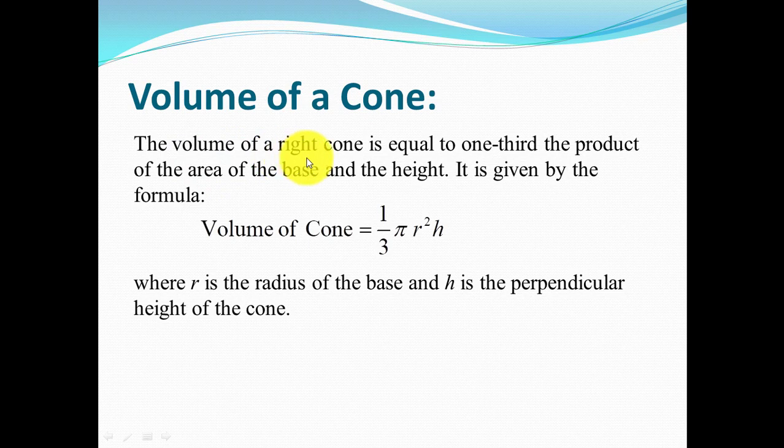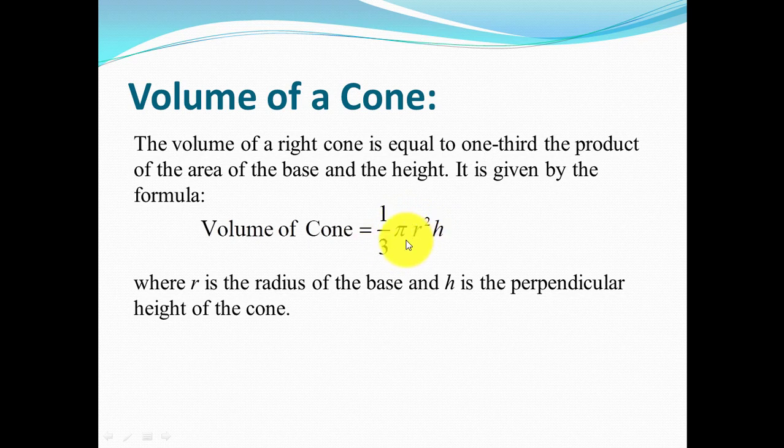The volume of a right cone is equal to 1/3 the product of the area of base and the height. It is given by the formula, volume of a cone is equal to 1/3, and the product of which one? The area of base. What is the base? It is a circle.